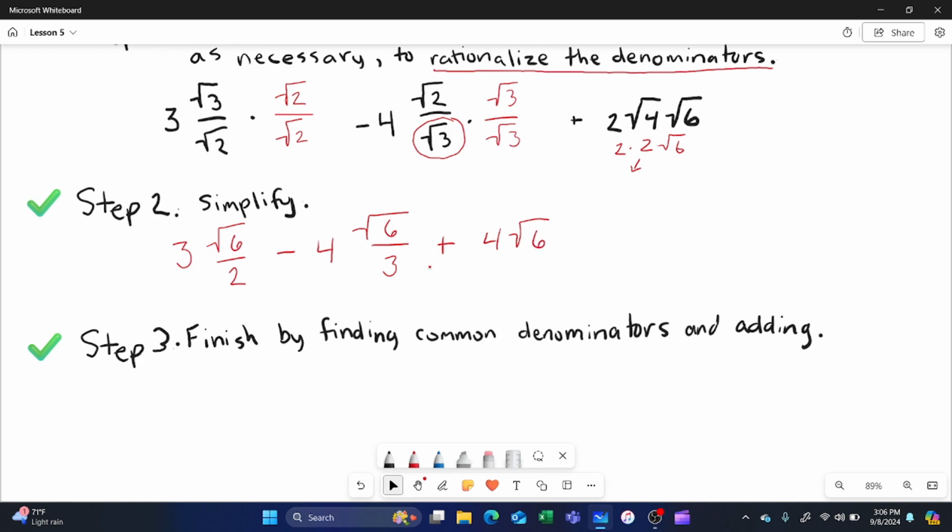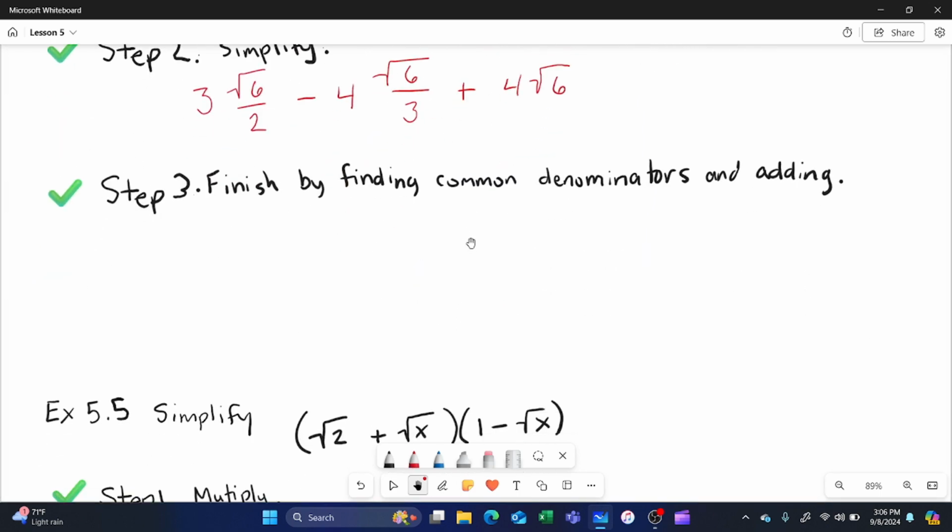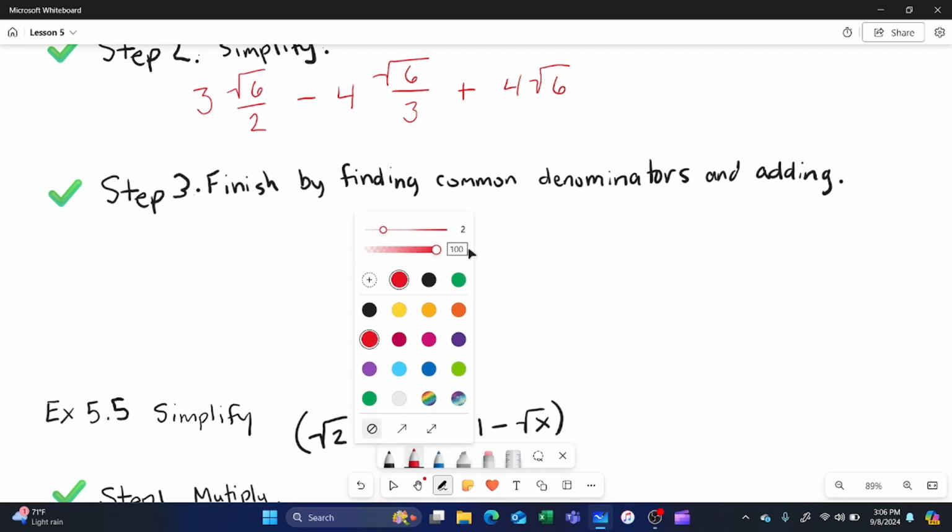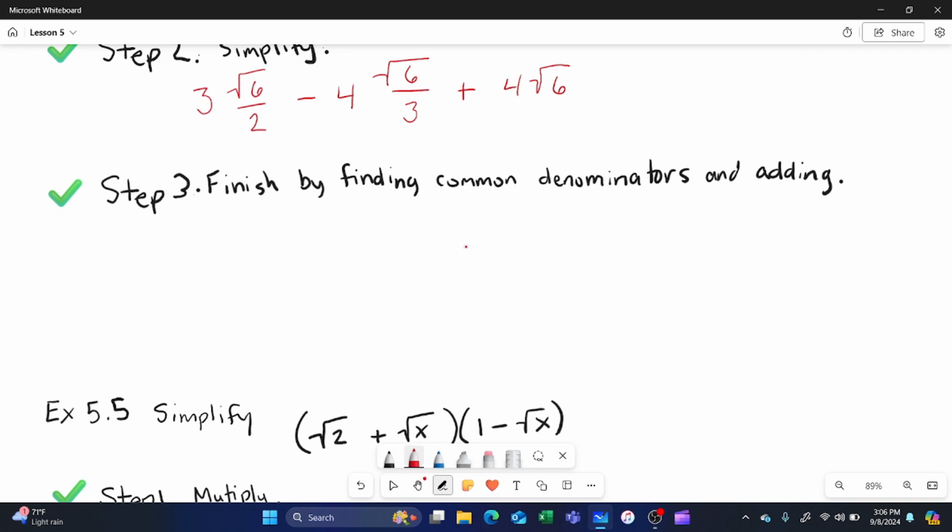Okay, finish by finding the common denominators and adding. Step number 3. I might want to jump up a thickness here. Perfect. Okay, so in order to do this, we're going to be multiplying to get common denominators. In order to get this 2, we're going to be multiplying it by 3.